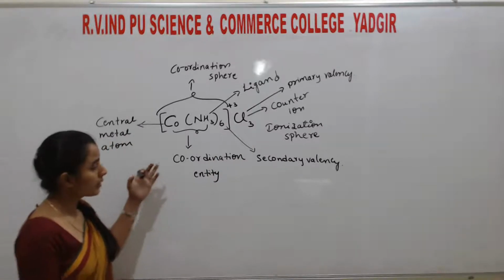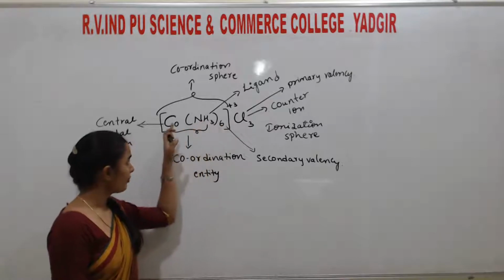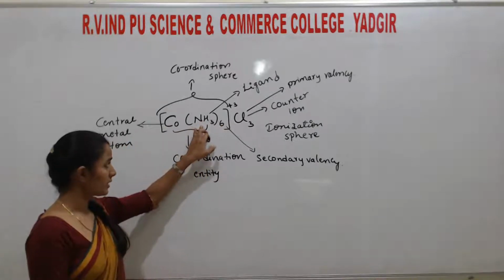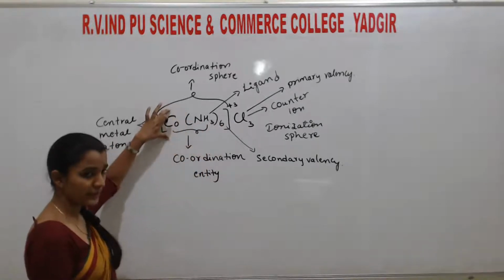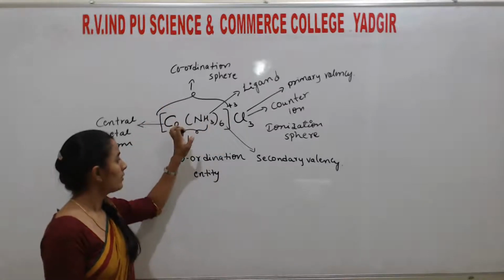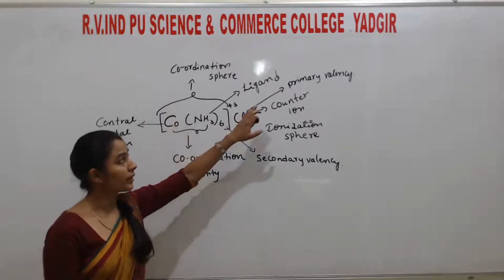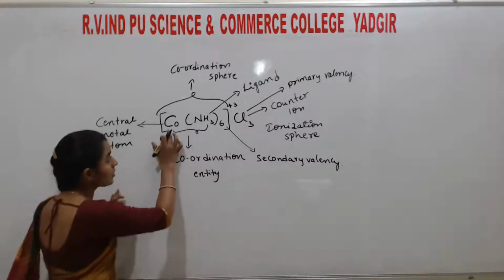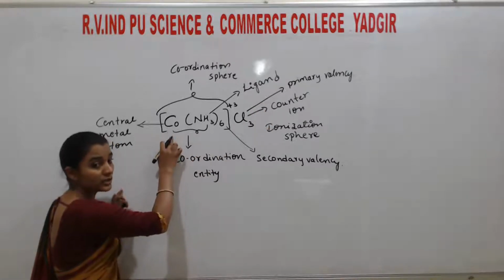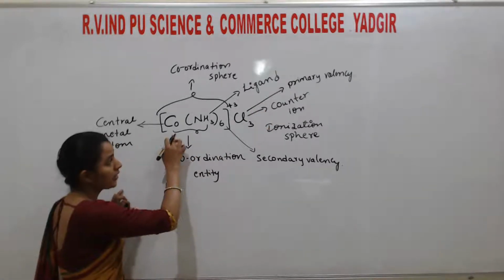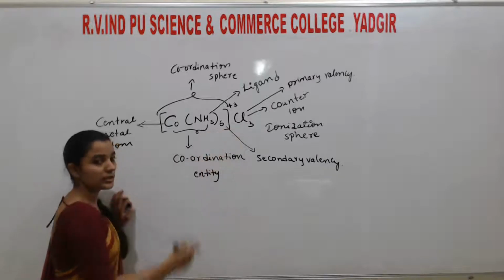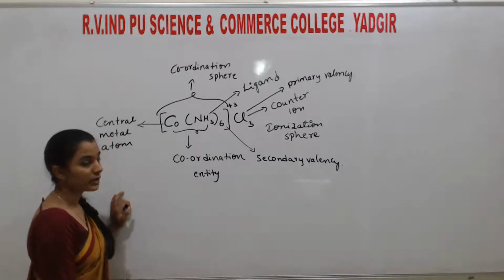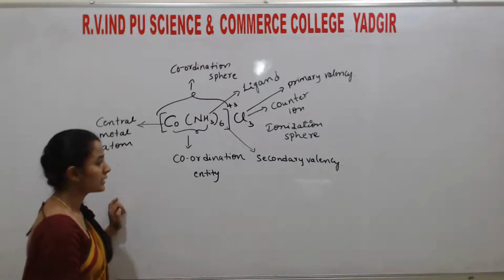Primary valency means the first valency, the oxidation state. The oxidation state of the metal is satisfied by either the ligands or these counter ions. That's why this is primary valency.